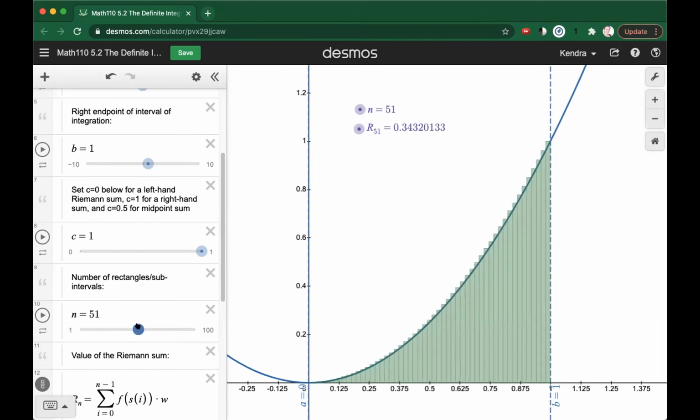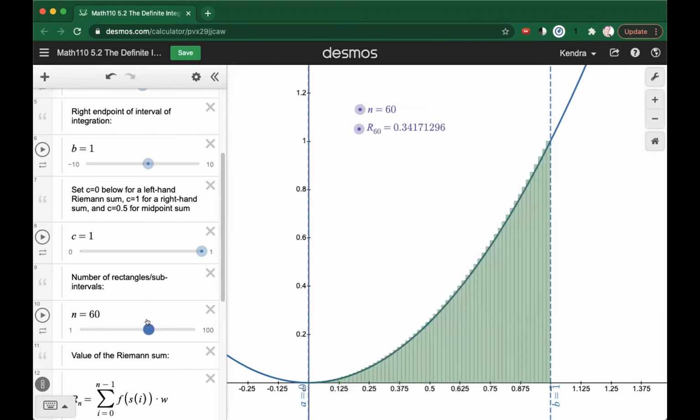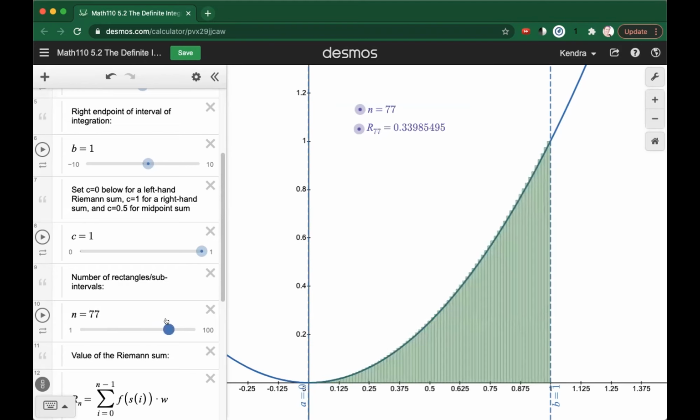You can kind of think of this as like a picture resolution of that area. We're all kind of familiar with pixels on screens. And so the more rectangles that I have, the less I see that jaggedness, and it seems to give me a better estimate of the actual area. So this is what it looks like with 100 separate rectangles.